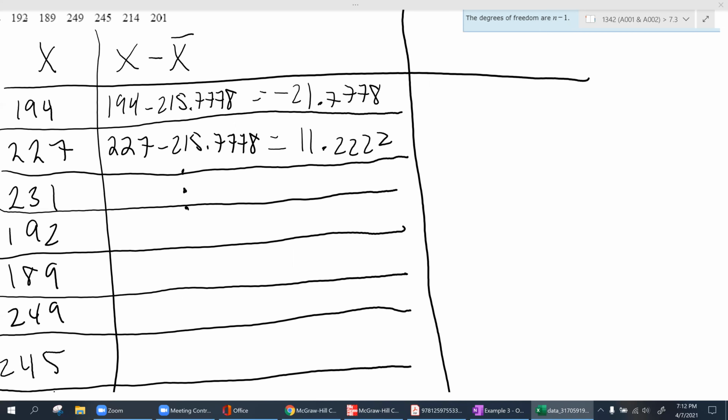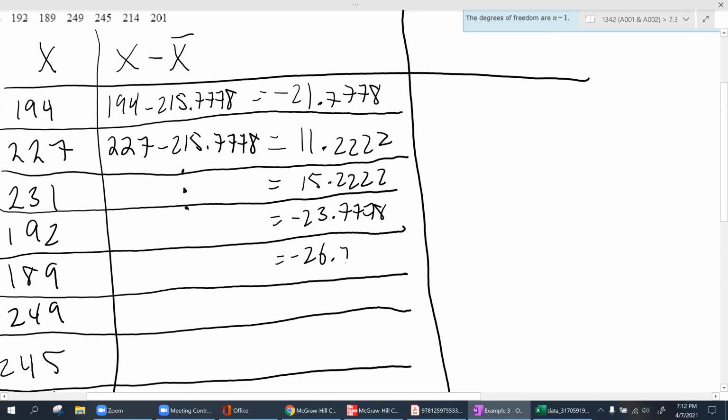This third one ends up giving me 15.2222. This next one gives me negative 23.7778, 26.7778, 33.2222. We're almost done, I promise.